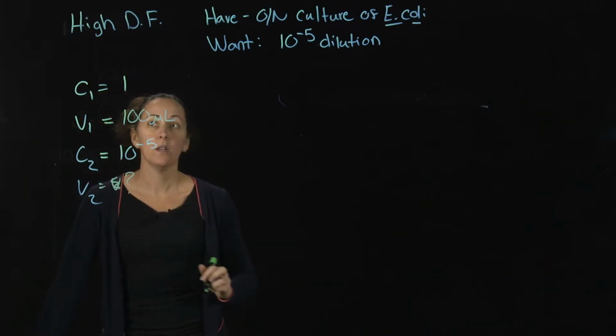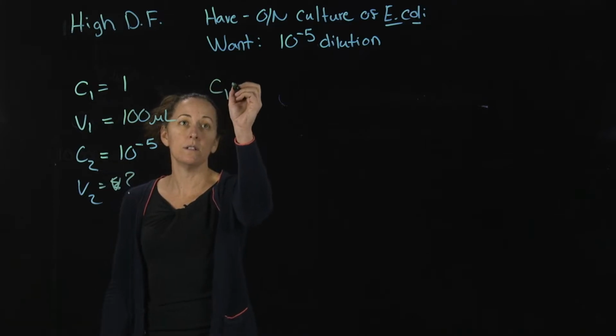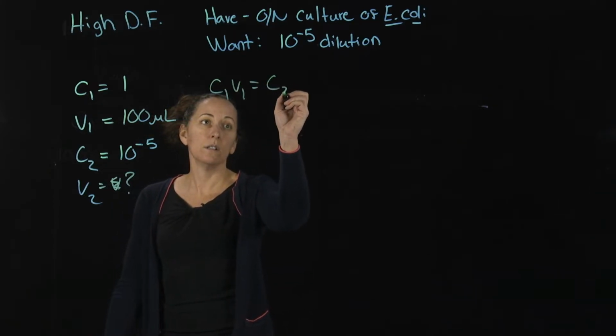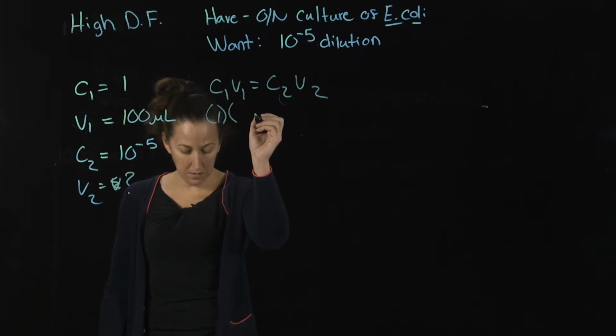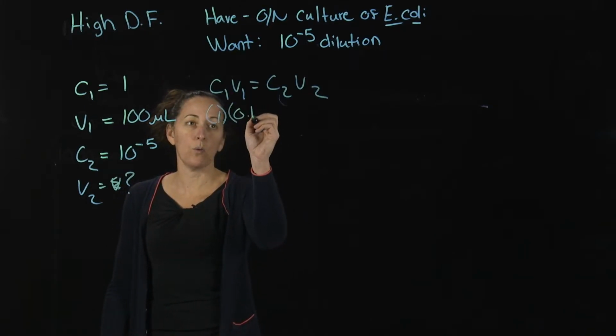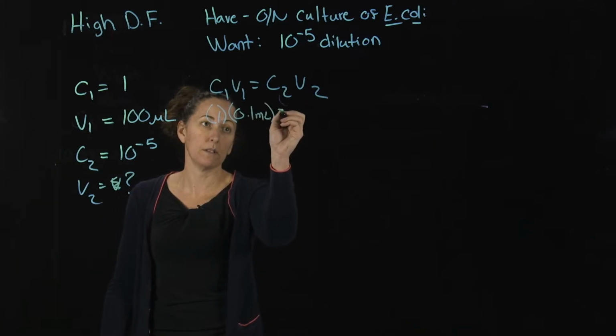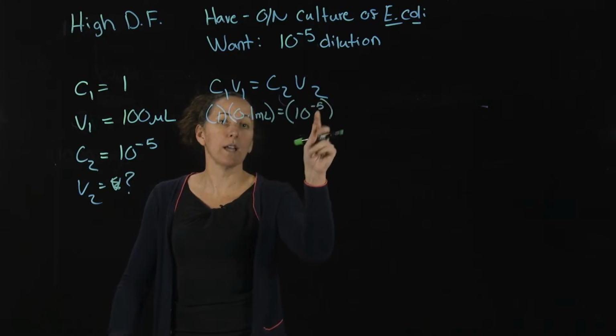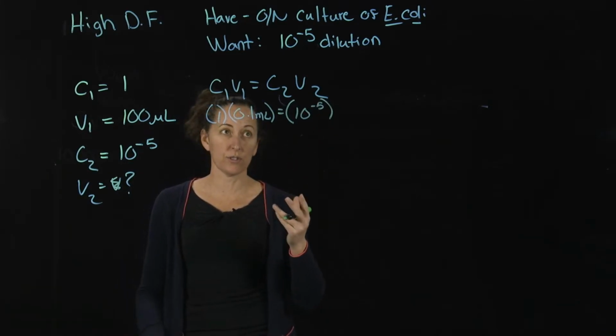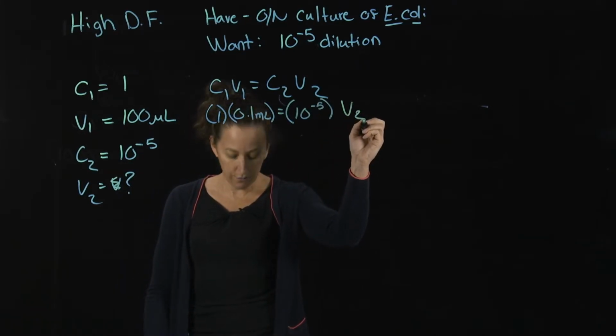Okay, so if we start plugging that in, and we're going to call this 0.1 ml, just to keep things safe. C2 is 10 to the negative 5. Once again, there's no units here because these are just dilutions, and we're solving for V2.